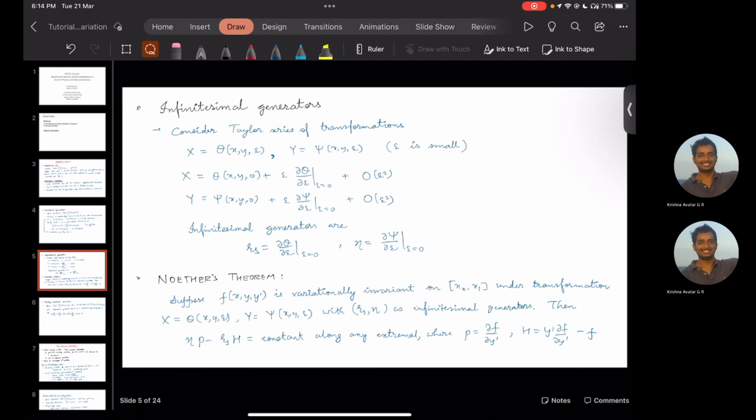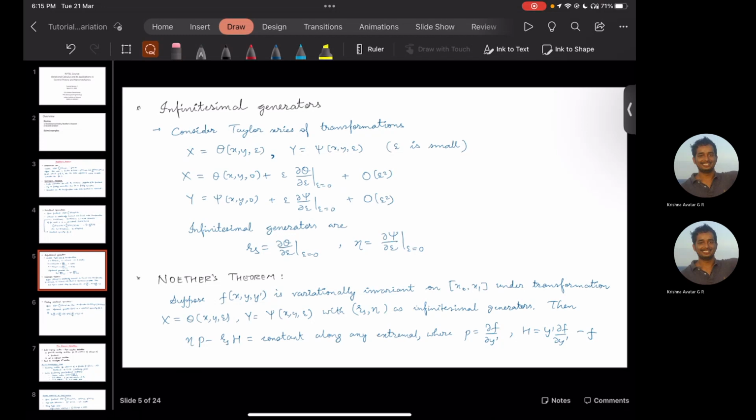If I ask how we are able to do this, the thing is epsilon is a small number, right? That's the reason we are able to express capital X equals theta of x, y, epsilon in terms of a Taylor series about epsilon equals 0.